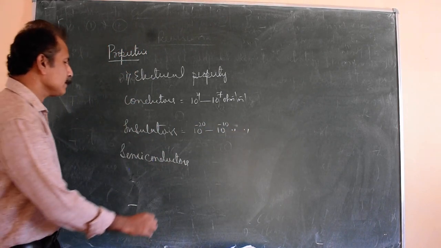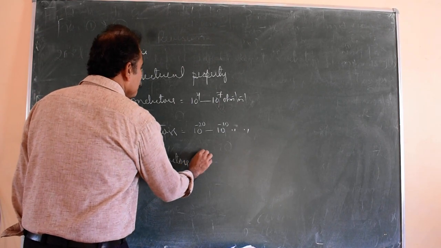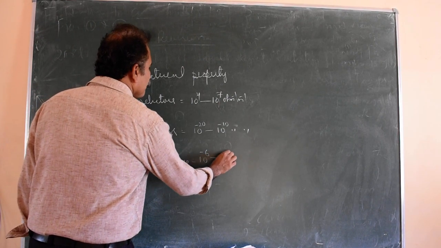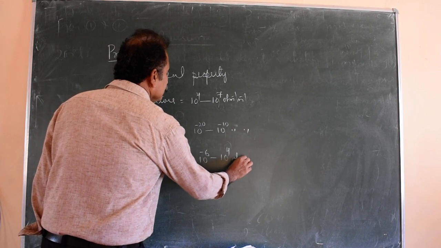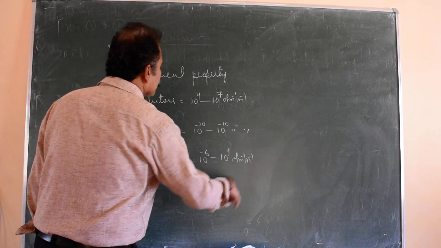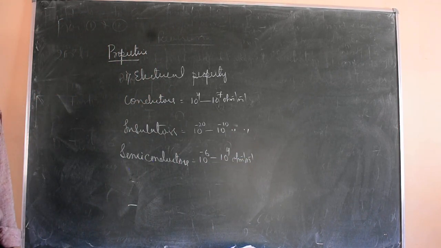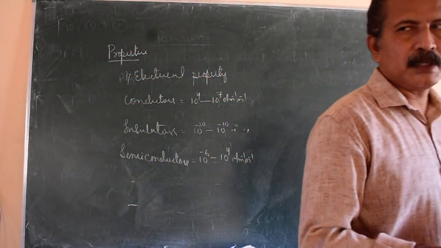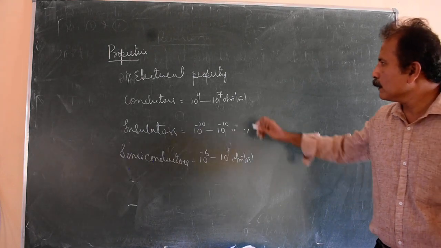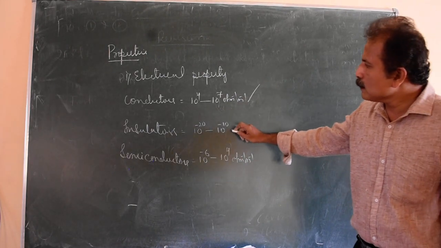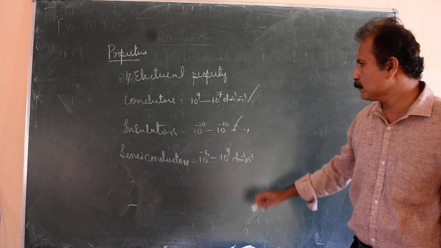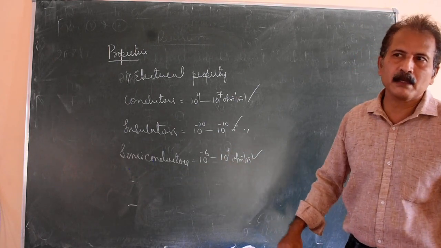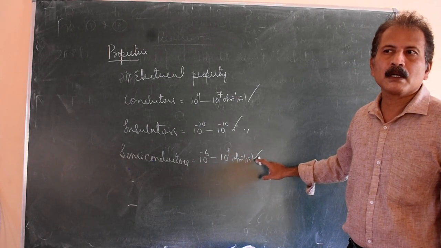And semiconductors is around 10 raised to the power minus 6 to 10 raised to the power 4 per ohm per meter. So depending upon their conductivity range, we can have three types of solids: conductors, insulators, and semiconductors.